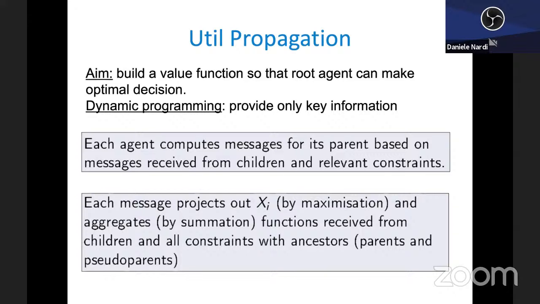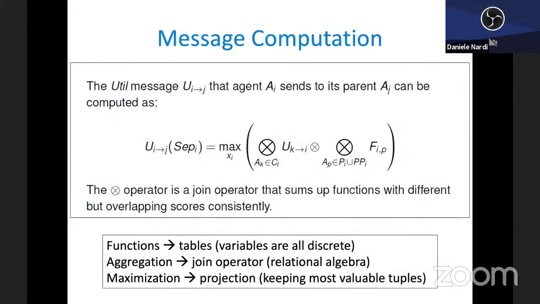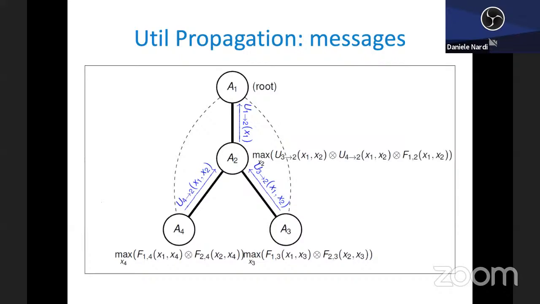Let me move on and show you the formulation for how the messages are computed. Again, the message may be a little bit difficult to read at this stage, so maybe I should first show you the example and then go back to the exact formulation. Here, before I show you the example, you can see the flow of the messages.